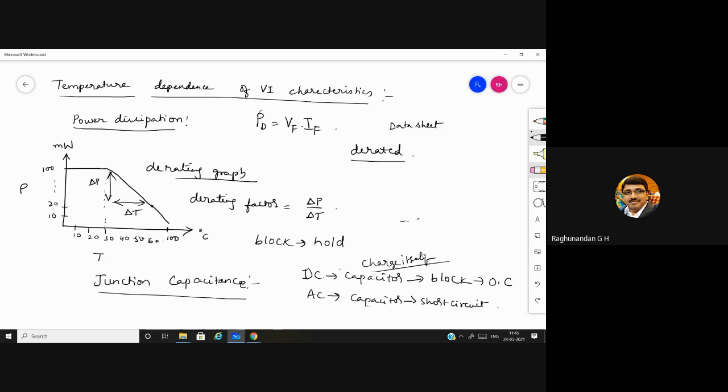That's why we were not discussing the capacitor in the DC equivalent circuit, because it acts like an open circuit, not allowing the current to pass through it. So obviously there is no meaning in using the capacitor there. Since it is blocking, what is the resistance offered?